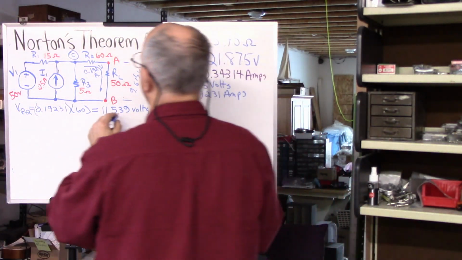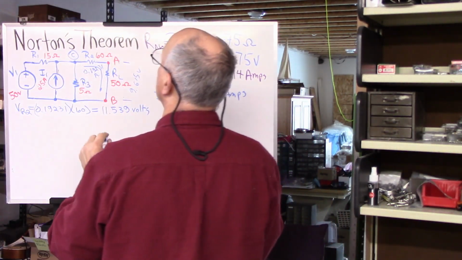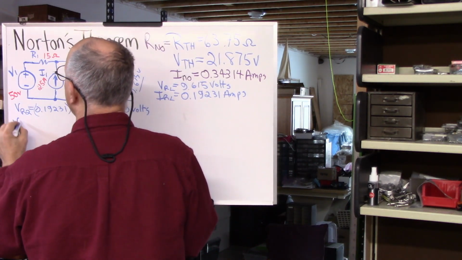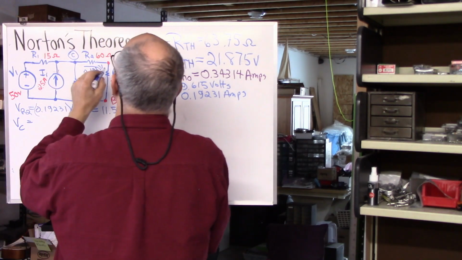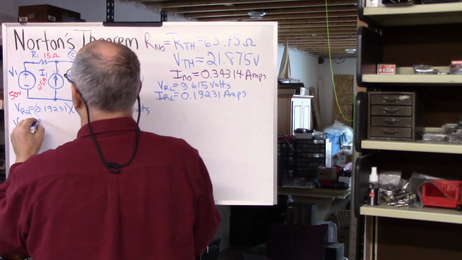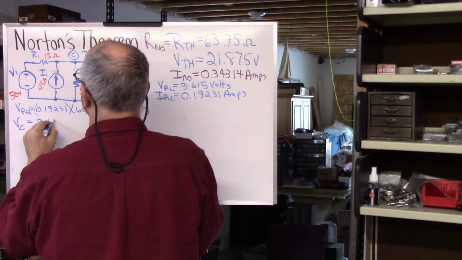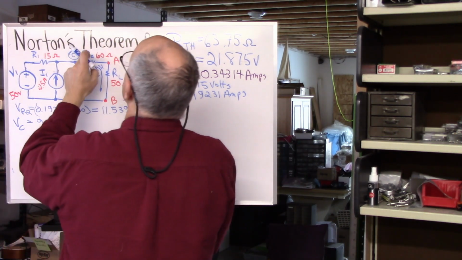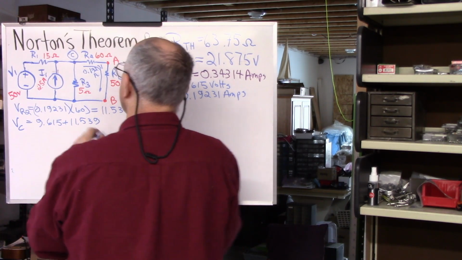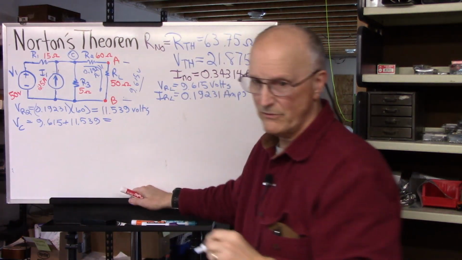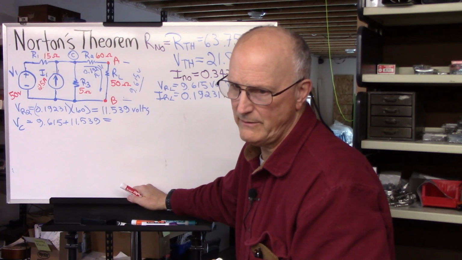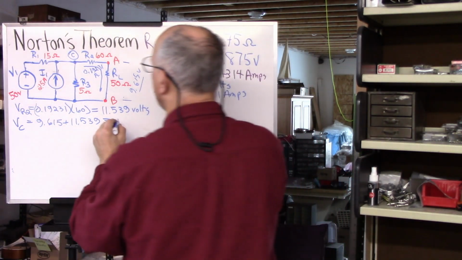Okay, so if that's 11.539 volts, and this is 9.615 volts, VC is going to be equal to VRL, or this voltage out here, 9.615, plus VR2, which is 11.539, which is going to give us 21.154 volts.